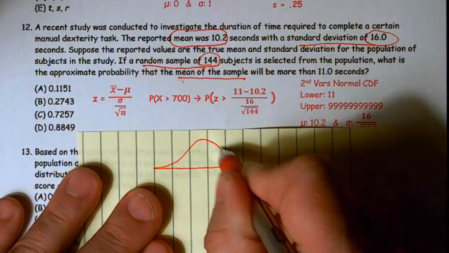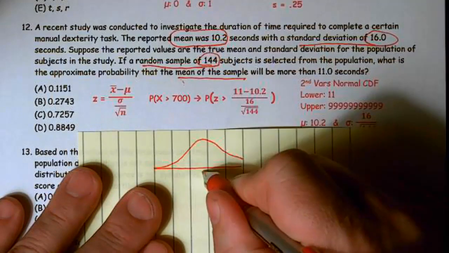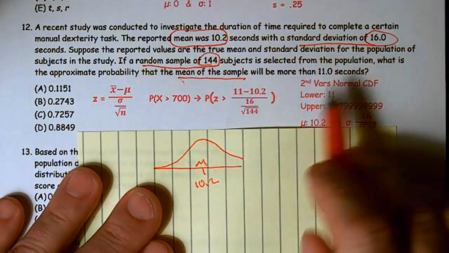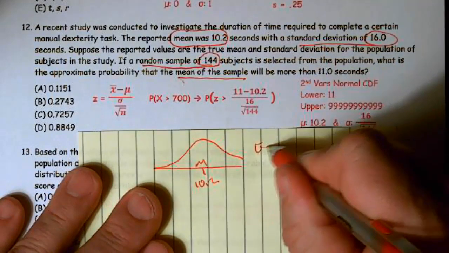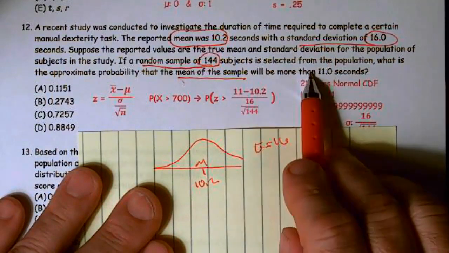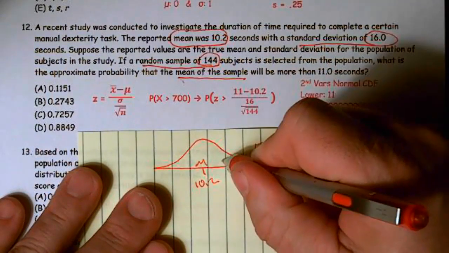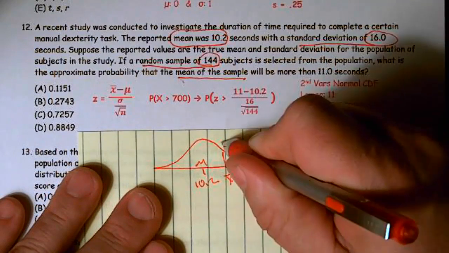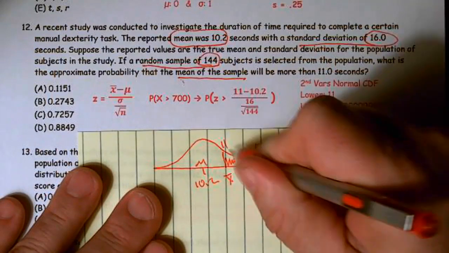So we're going to be centered at 10.2 because that's the actual mean. We have a standard deviation of 16. And they want to know the probability of having it greater than 11. So they're looking for an X bar of 11 or more.